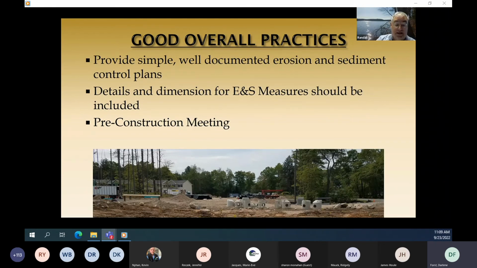So we had to do a training class for Mass DOT and the contractor, and nobody was happy about doing that, but we got through it.